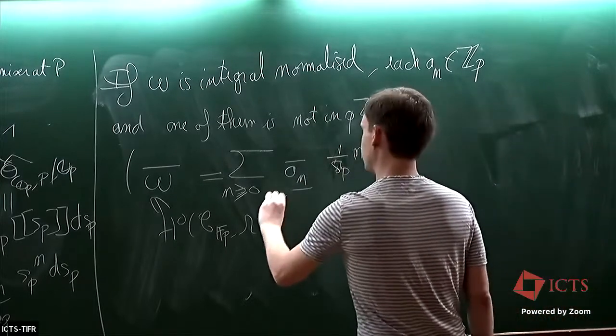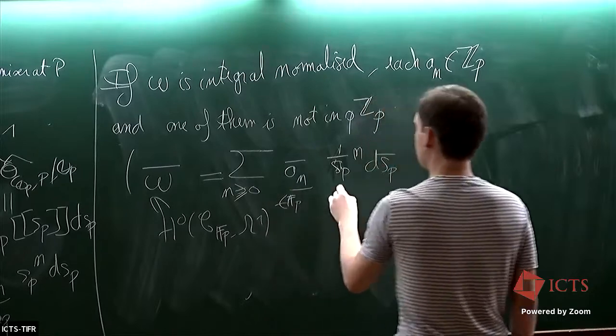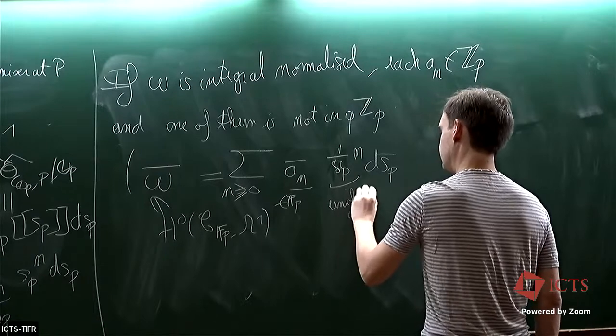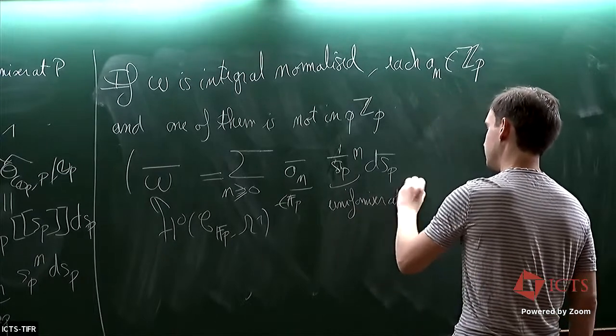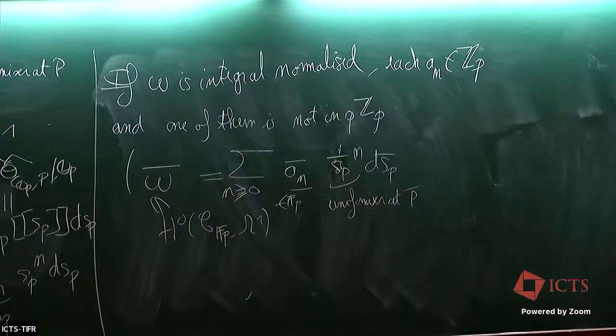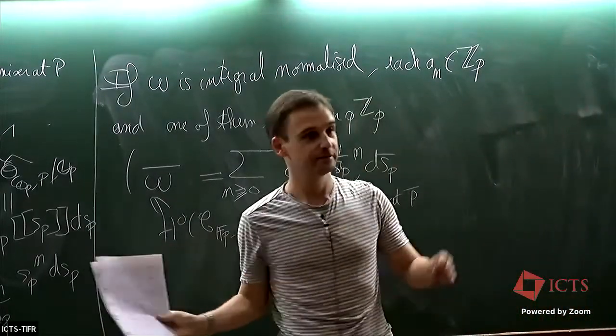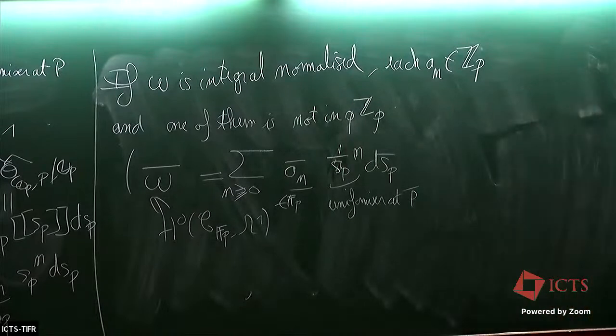So this lives in FP. This is a uniformizer at P bar by construction here. And so this is an expansion for the local ring at the reduction of P modulo P. This all makes sense, and you can really compute this way.